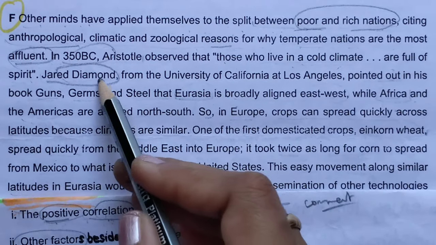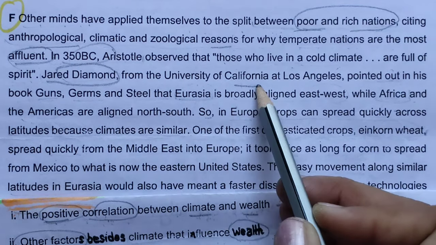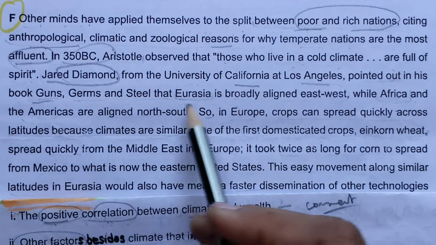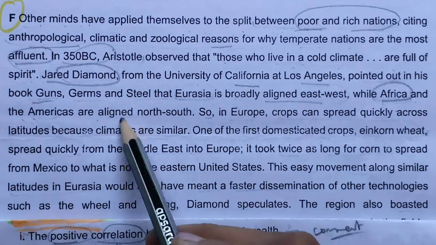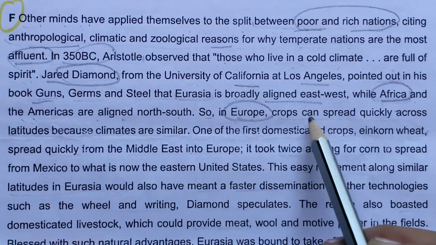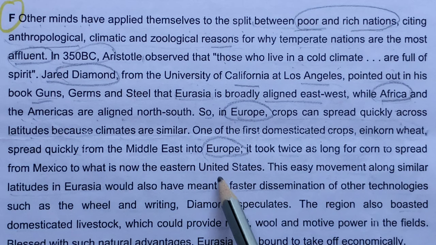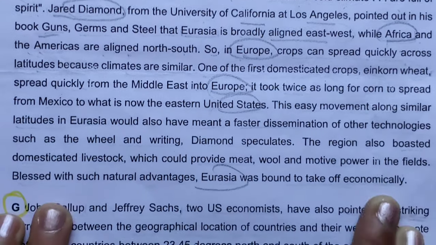Jared Diamond, a very famous author from the University of California at Los Angeles, pointed out in his book Guns, Germs and Steel that the Americas are aligned north-south, while Europe, the United States and Eurasia are aligned east-west, so crops spread quickly across latitudes.